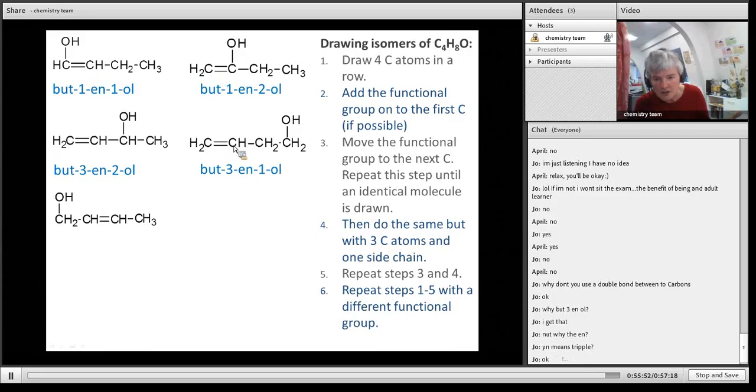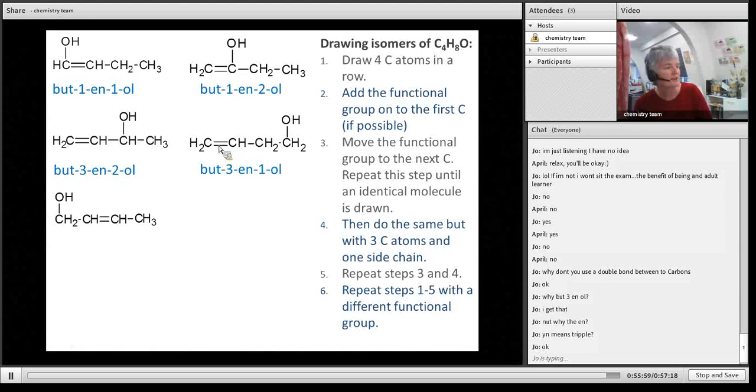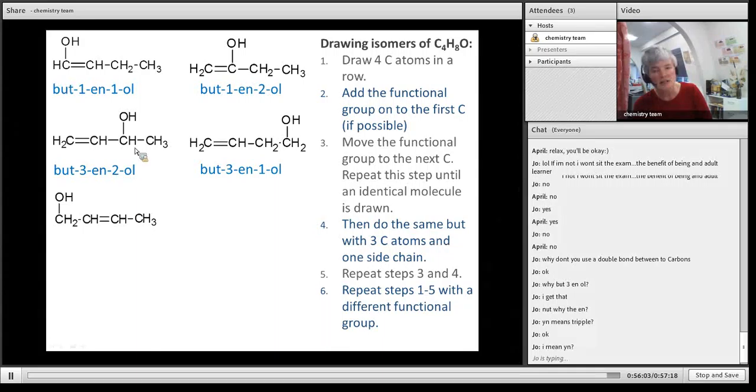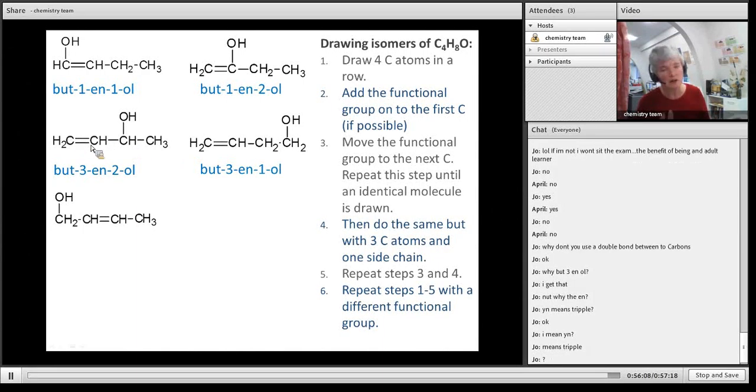No, this is not a triple bond, it's a double bond. There's only 2 lines. The same thing, we'd start counting from this side, 1, 2, 3. So the double bond, we always number as the first carbon of the 2. So we say this is 2-ene and not 3-ene and not 4-ene.